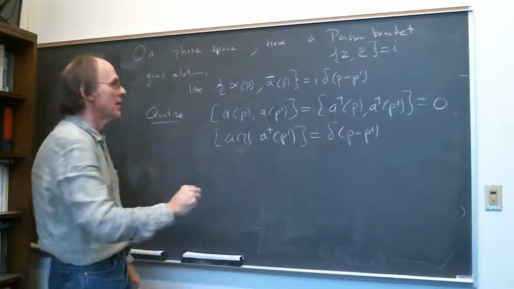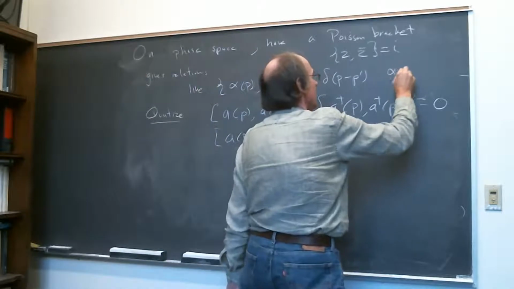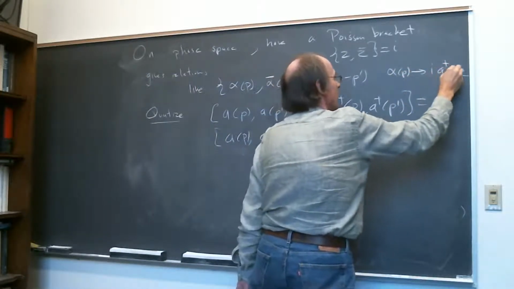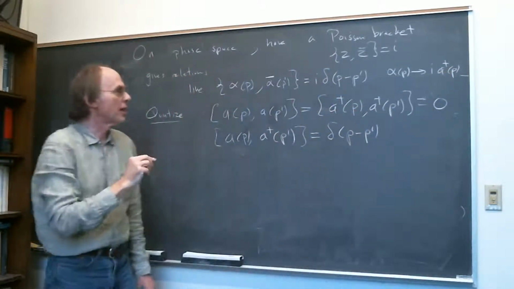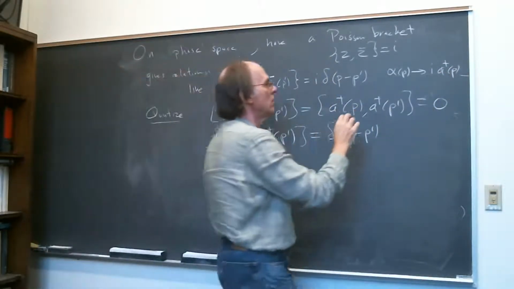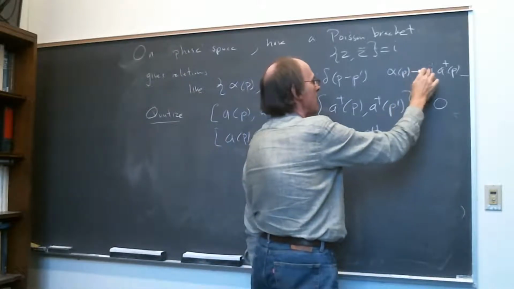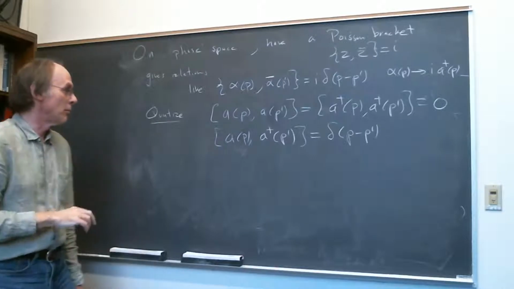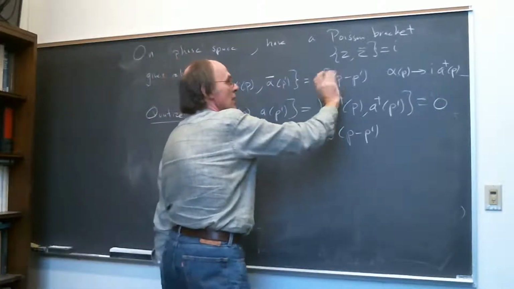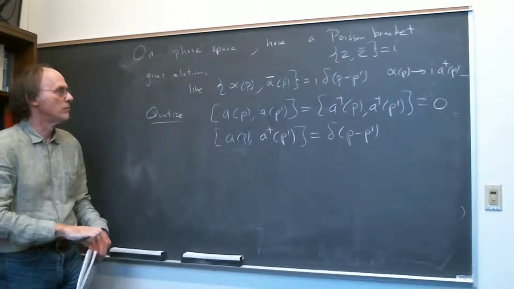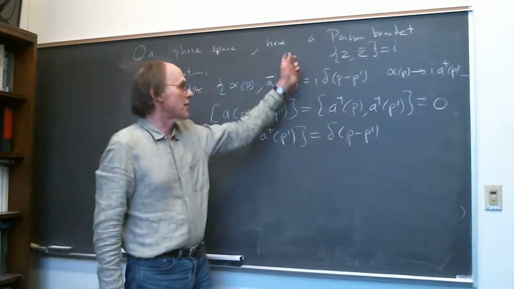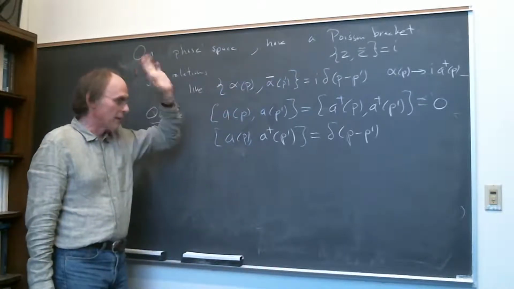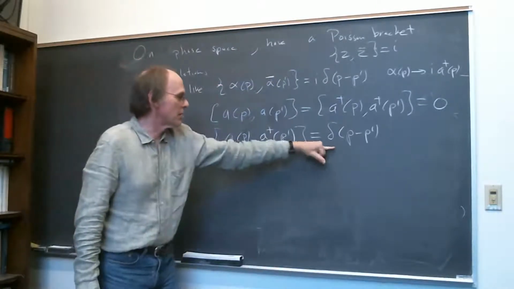So I guess alpha of P is going to be I a dagger of P, and I forget whether there may or may not be a minus sign there. I have trouble keeping track of that. Anyway, this is the standard part of this formalism, and this is where you end up.